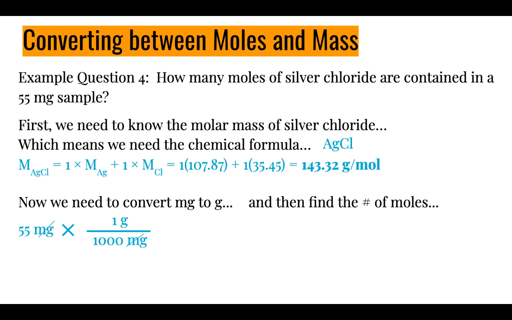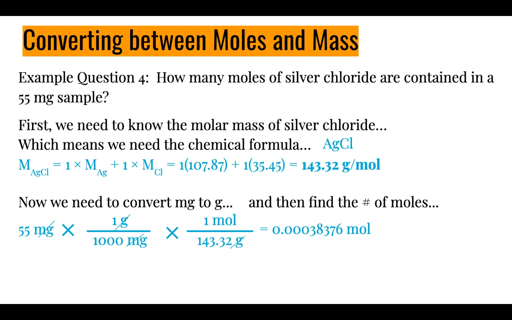We're trying to find moles, so moles are going to go on the top, 143.32 grams on the bottom. Then you do the calculation, 55 divided by 1,000 divided by 143.32, and you get 0.00038376 moles.